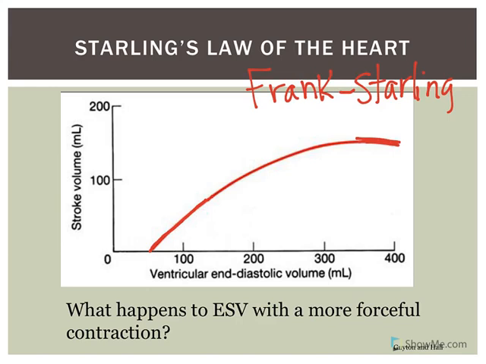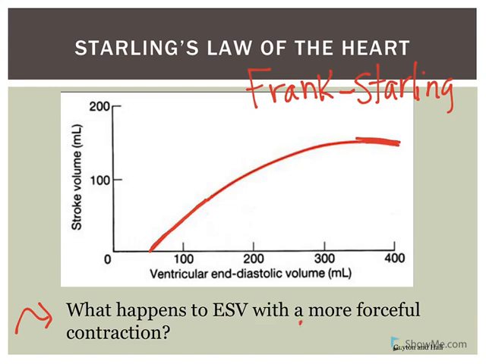Some people refer to Starling's law of the heart as the more in, more out principle. The more blood coming in, the more blood going out. And it's because of an increase in contractility. So more blood comes in, more forceful contraction, more blood goes out. Now, the question you see here is what happens to end systolic volume with a more forceful contraction?